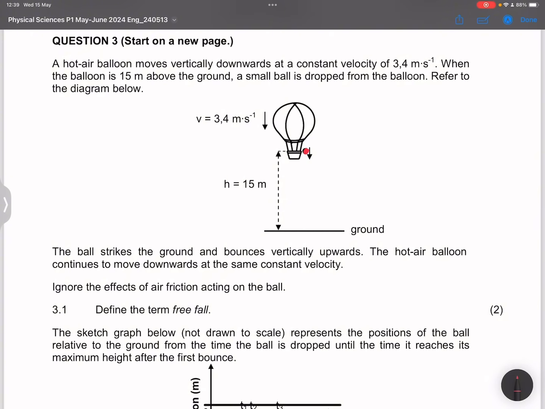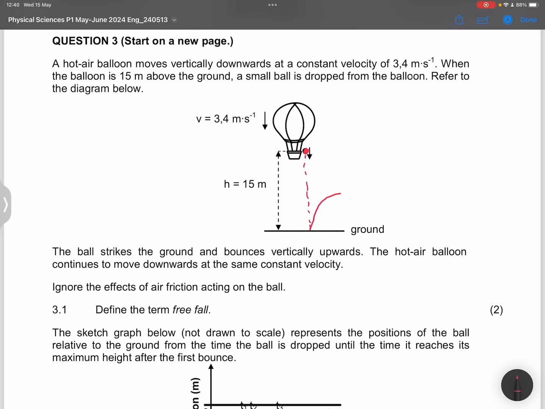The ball strikes the ground and bounces vertically upwards, so this guy comes down and bounces. The hot air balloon continues to move downwards at the same constant velocity. Ignore the effects of air friction acting on the ball.